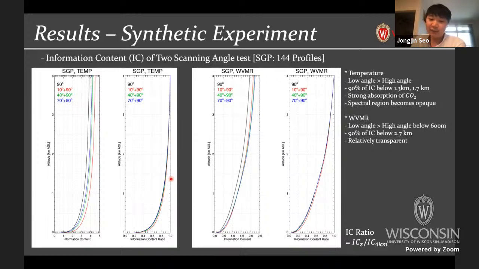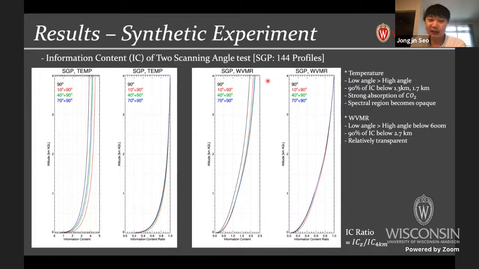It is because of the strong absorption of CO2 near the surface. So it makes the low scanning angles have more information near the surface, and also the spectral resonance becomes opaque faster at low scanning angles than at high scanning angles.